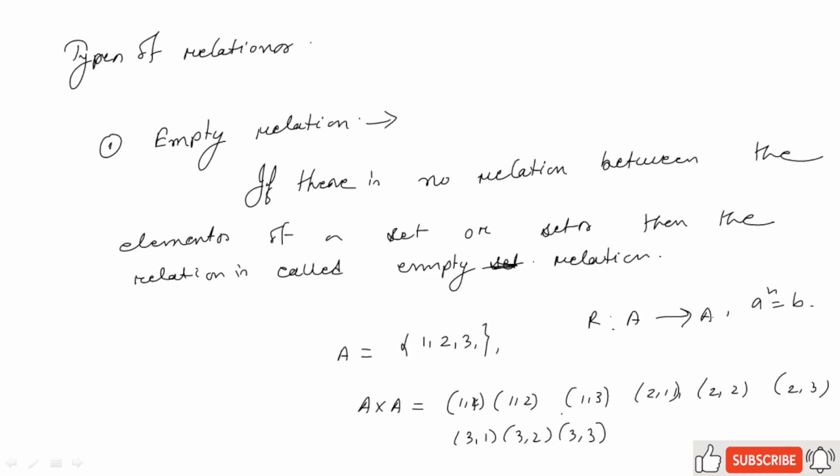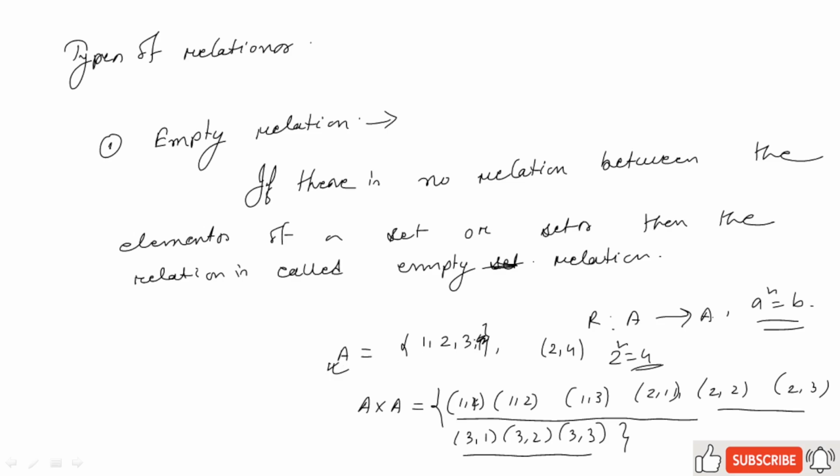But here we don't get any ordered pair in the cross product which satisfies the relation A square is equal to B. That means we can't get any value that, if we square it, is again in set A. If an element 4 existed, then we would get the pair (2, 4), because 2 square is equal to 4. So, this is an empty relation, since no such elements exist.